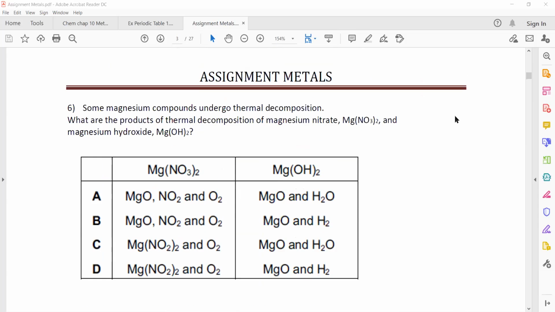Question 6. What's the answer? Thermal decomposition. What will be the product for decomposition of metal nitrate, magnesium nitrate, and magnesium hydroxide?